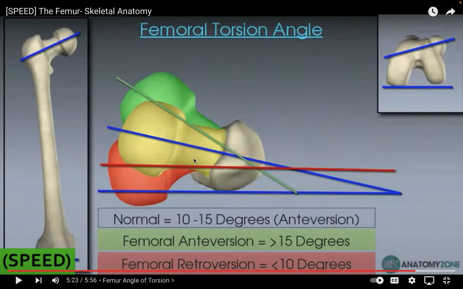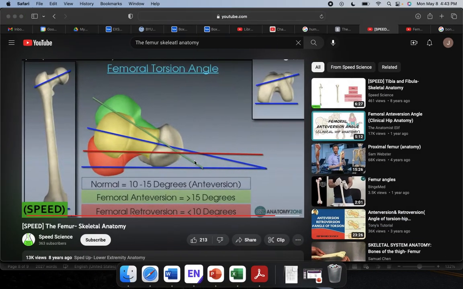And if we are decreasing the angle of anteversion closer to 0 or less than 10 degrees, we consider that femoral retroversion. Although the femur isn't technically retroverted yet, it is just less anteversion, but it is more retroverted than usual. So hopefully this visual here can help you understand that a little bit.